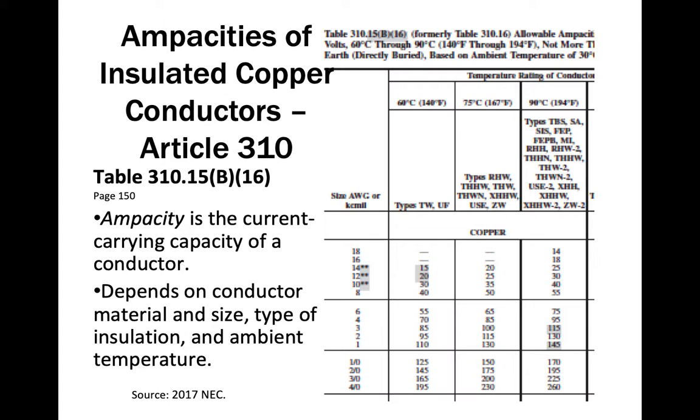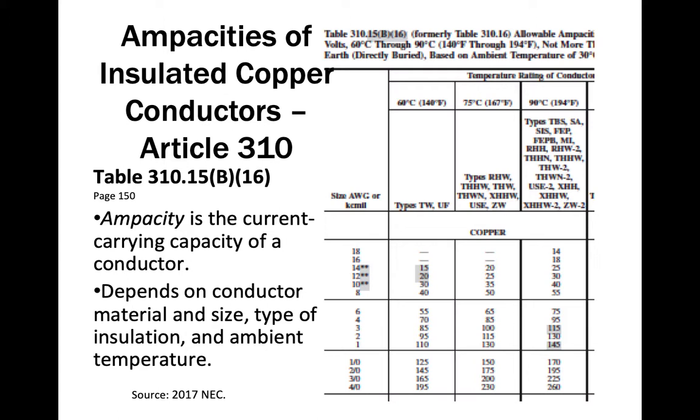In addition to that, all or most of the lugs that you see out in the field are going to be rated for 60 or 75 degrees C. If it's stamped as 75 degrees C, then I'm going to use the ampacity column of 75 degrees C. If it's not stamped for 75 degrees C, or there's no stamp on it at all, I have to assume that it's only rated for 60 degrees C, and I have to use the 60 degree ampacity column for my final ampacity of that conductor.